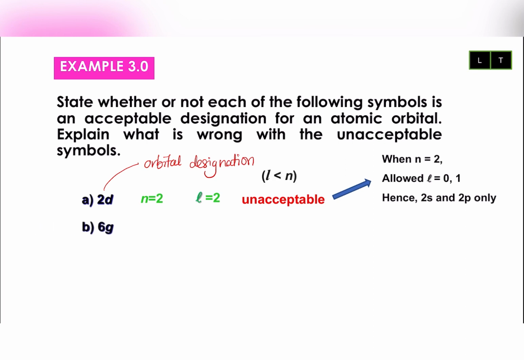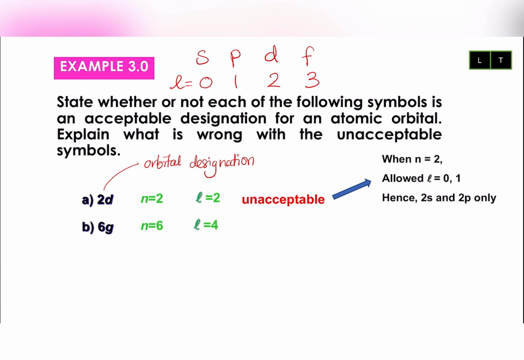I have 6g. When n equals 6, your l value is 4 based on g. So how do I know it is 4? Please remember, I mentioned you have to memorize the terms for orbitals starting from s, p, d, f. s brings the value l equals 0, p is 1, d is 2, f is 3.